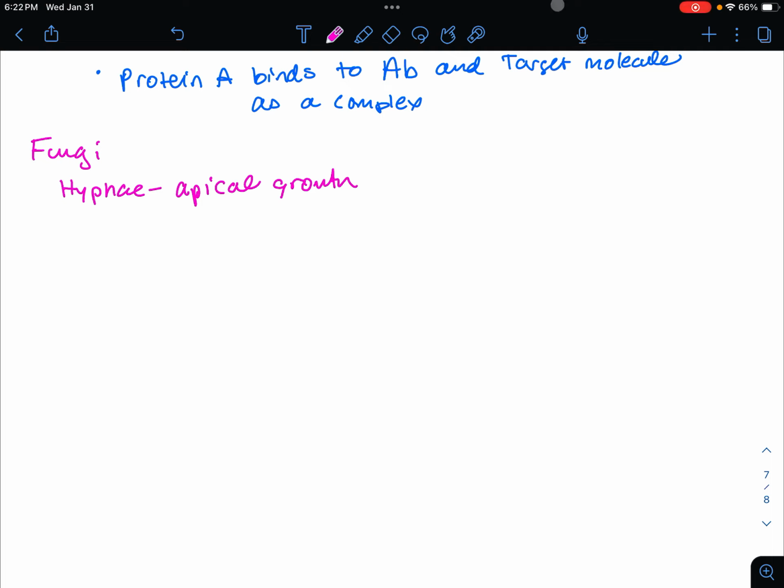And then you also have yeasts, which just bud. They're heterotrophic. They're going to absorb nutrients through their membranes. They secrete enzymes to use high molecular nutrients.